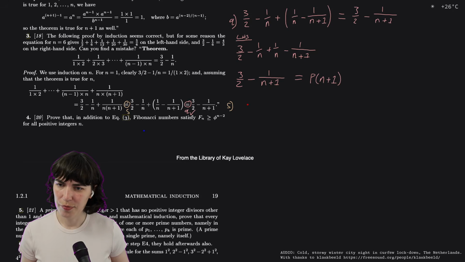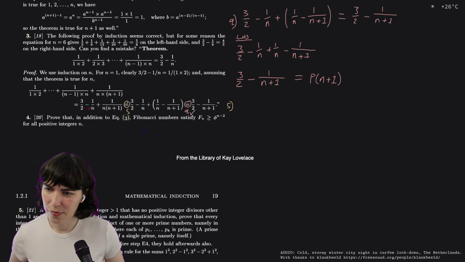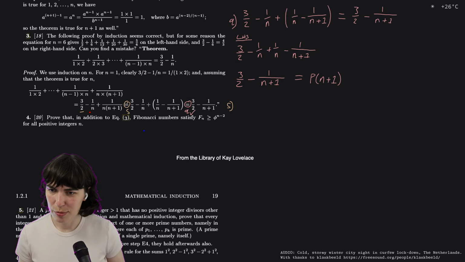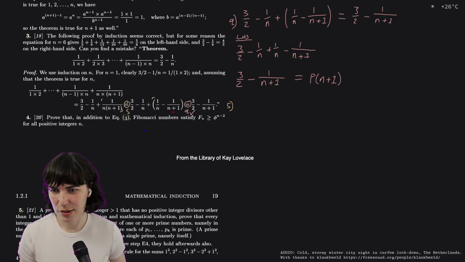Now, these two terms are the same, so we don't need to worry about those. We basically need to show that this thing here is equal to this here, if indeed it is. Of course, we know there's a mistake in this somehow.